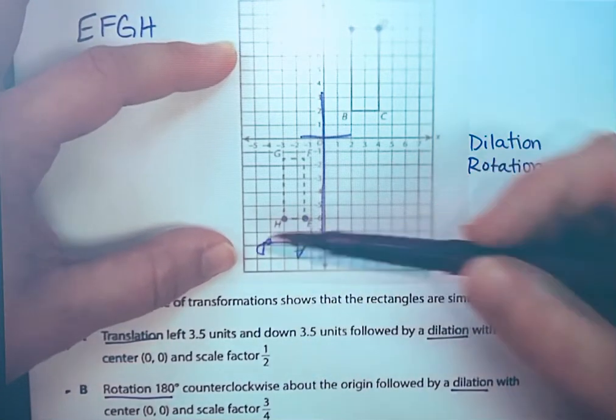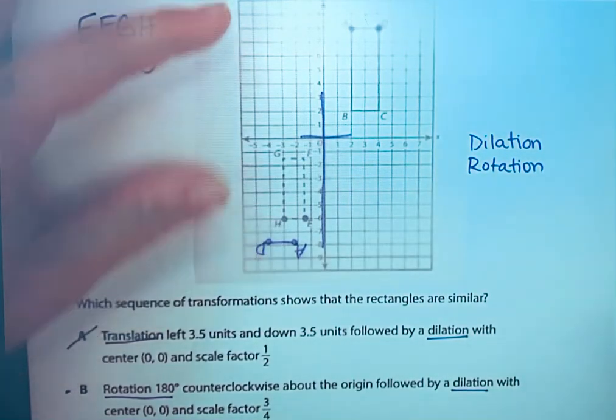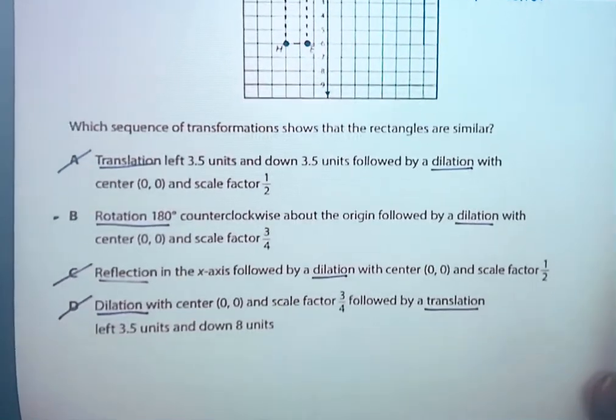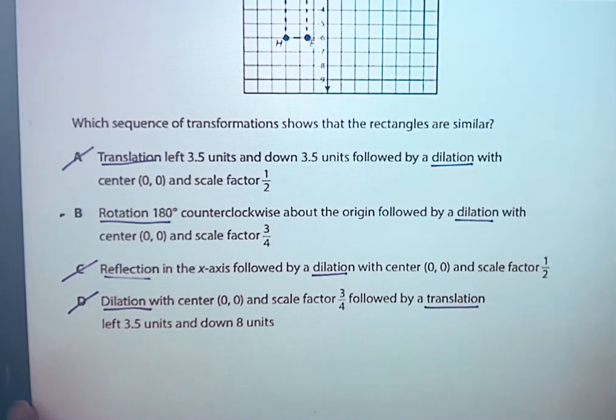So the first thing we do is we're going to have to rotate, and then we have to dilate. So B's answer fits. Let's double check it one more time. It says a rotation 180 degrees counterclockwise about the origin, followed by a dilation with a center of 0, 0 and a scale factor of 3/4.